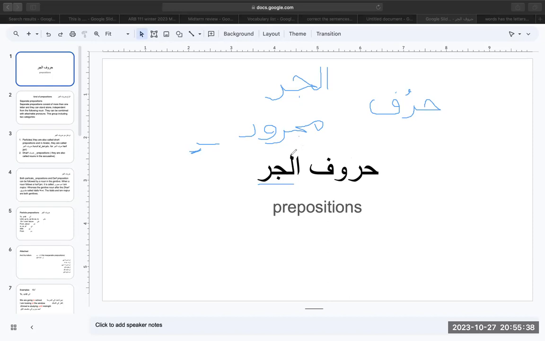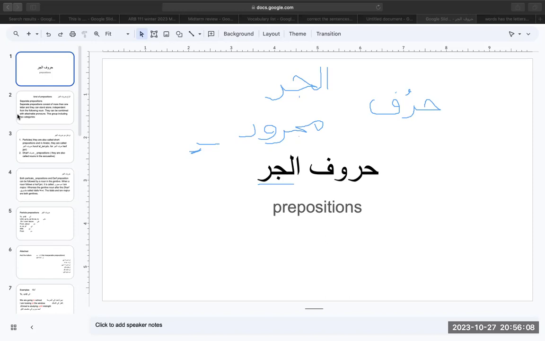Okay? So why is it حروف الجر? Because when these letters come, the noun that comes after it, we will say اسم مجرور بحرف الجر. So these letters or particles, when they come, cause the noun after them to take كسرة at the end.